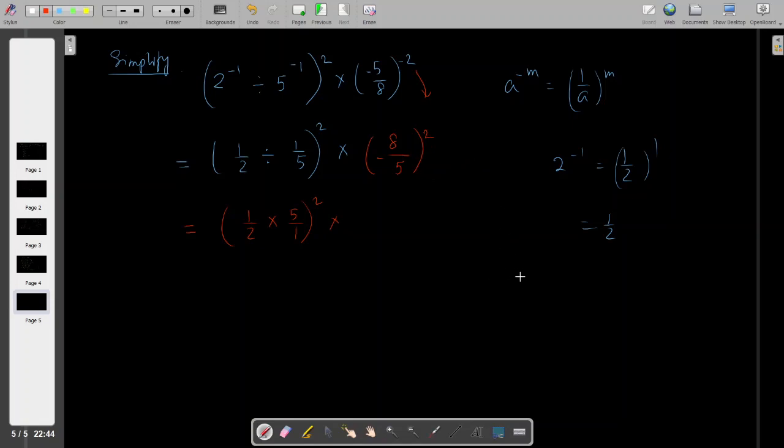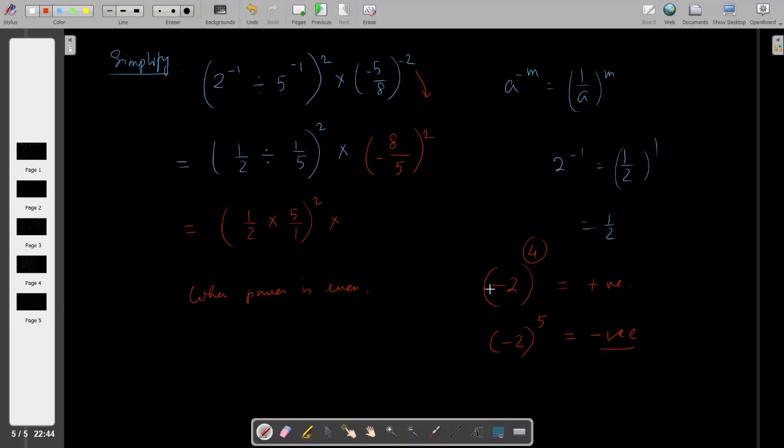now let me tell you one more thing, if there is any negative number and it is raised to the power, suppose 4, then the outcome will always be positive. Again if there is a negative number and it is raised to the power 5, then the outcome will always be negative. Now why when 5 it is negative and why when 4 it is positive? Because when the power is even, the outcome is always positive.